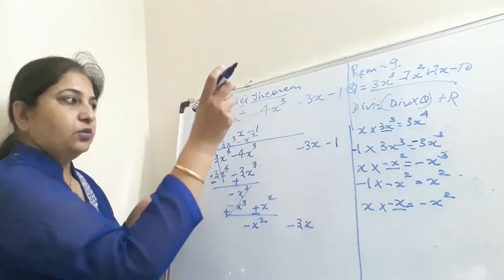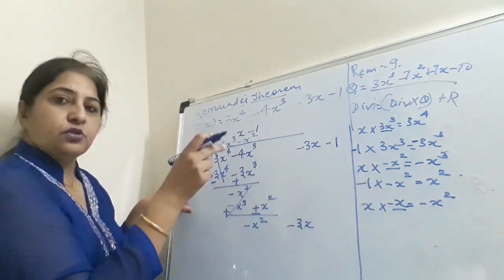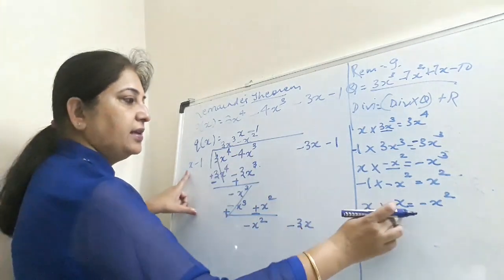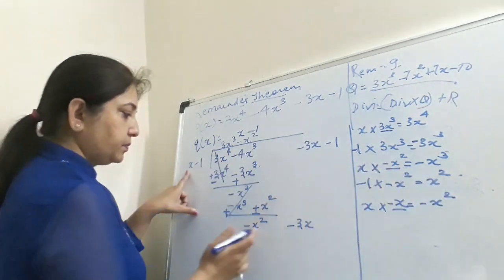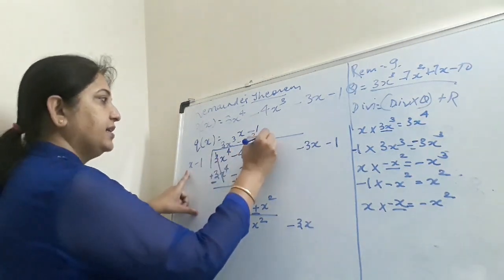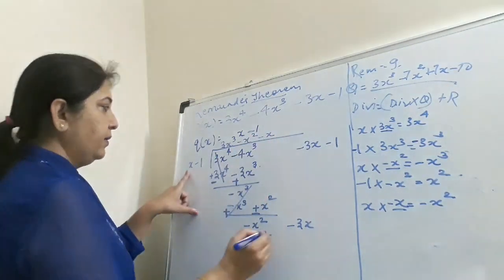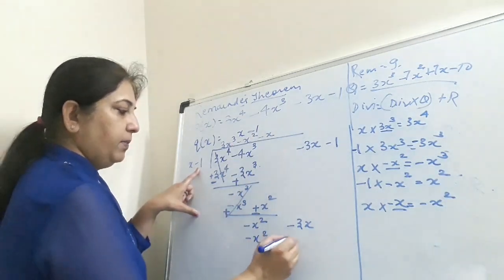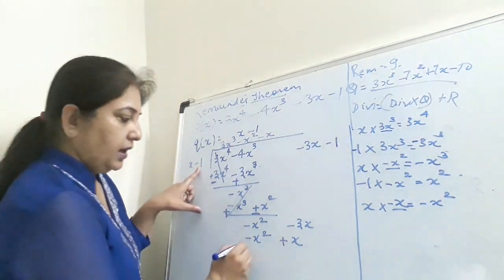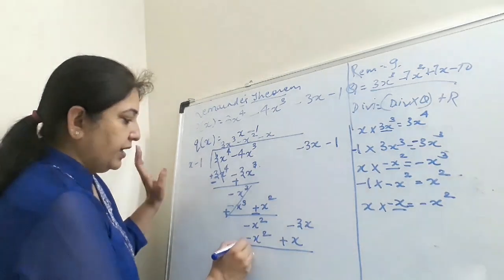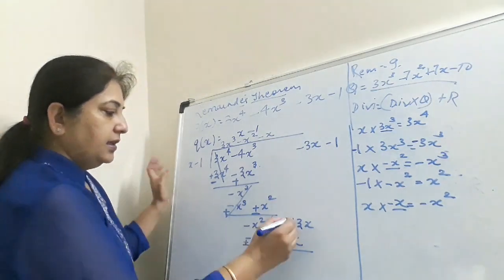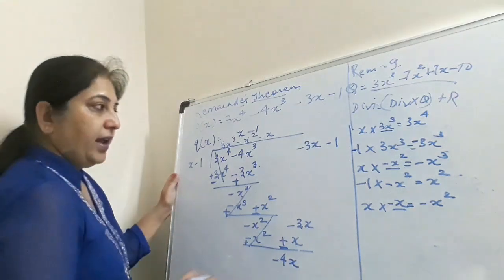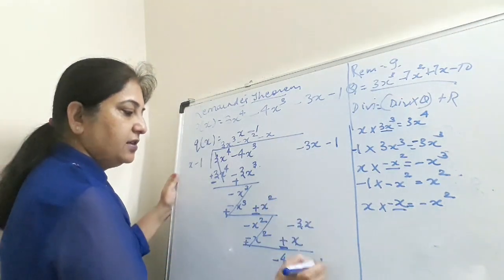If you pay attention to each and every step of mine, if you listen to my audio carefully, you will understand. So x into minus x will give you minus x square. So I will write here minus x square, and minus 1 into minus x will give you plus x. Okay, I'll draw a line, change the sign again, cancel this, minus 3x and minus x will give me minus 4x, copy down minus 1.